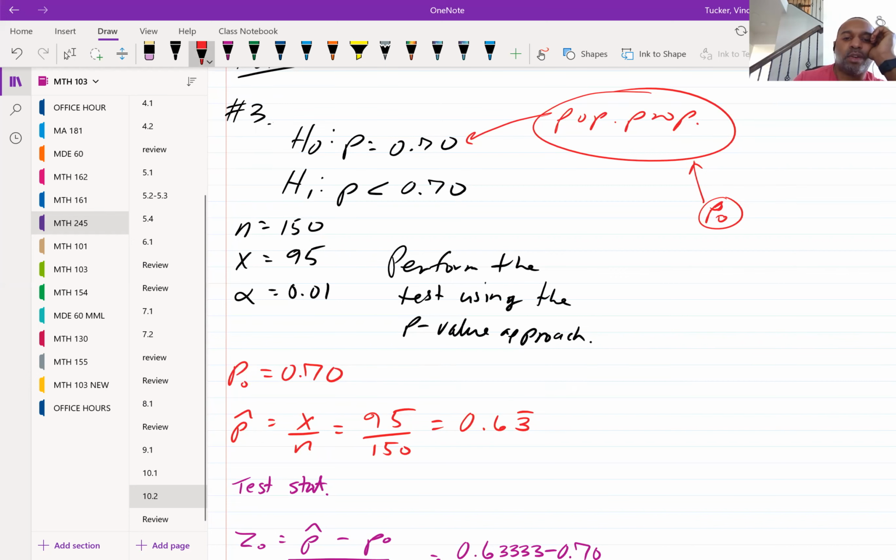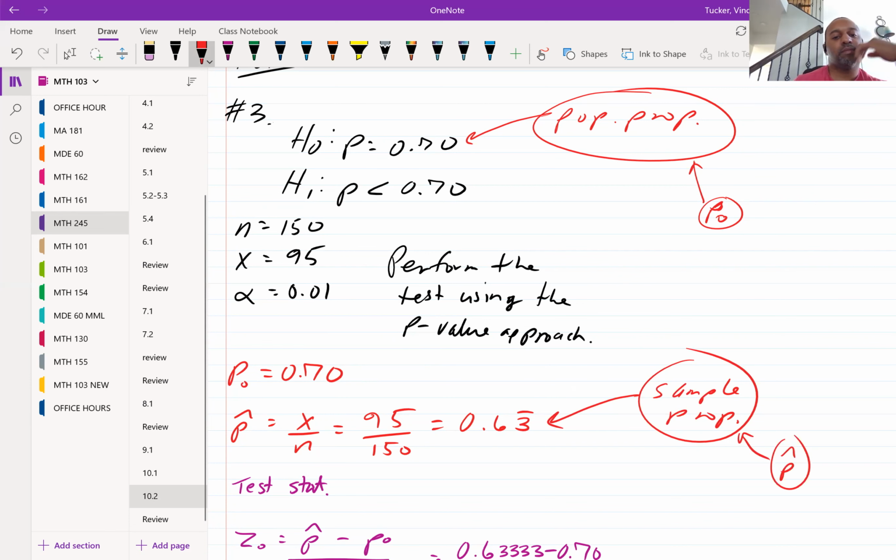And P hat is always going to be X over N, and that's your sample proportion. We talked about all these terms before, but just giving you a reminder. Depending on the problem, they may give you P hat, or they may give you X and N and expect you to know how to calculate P hat.